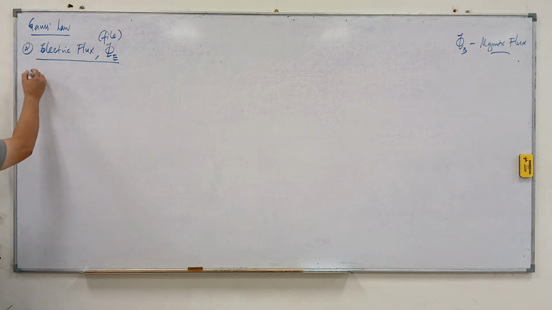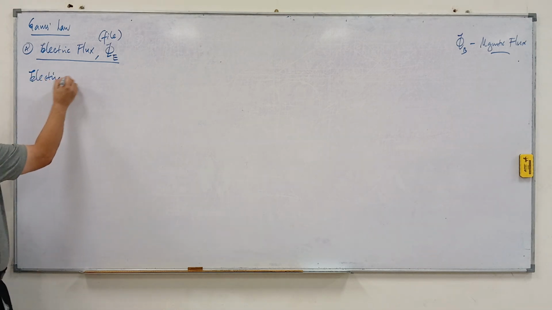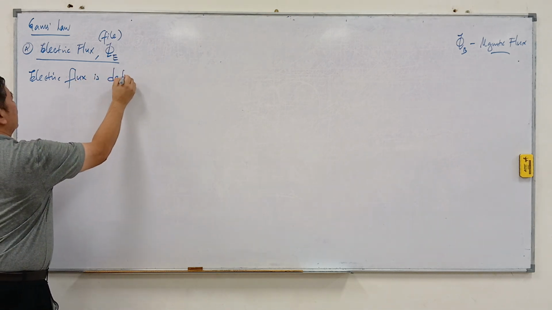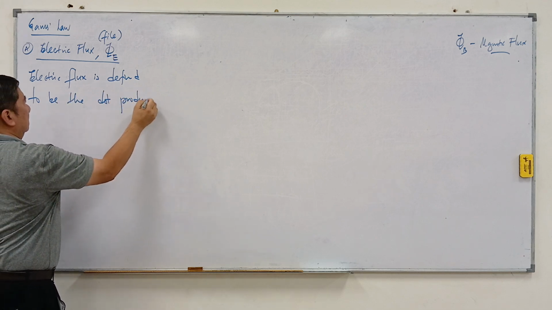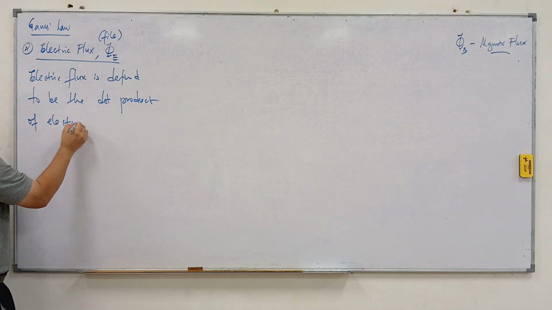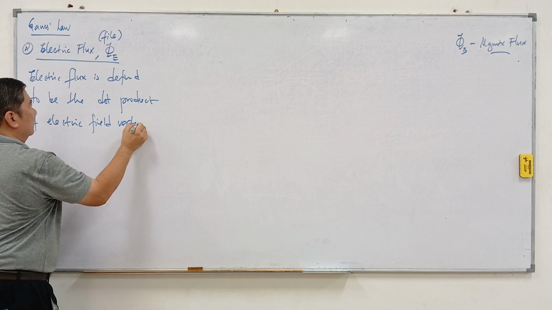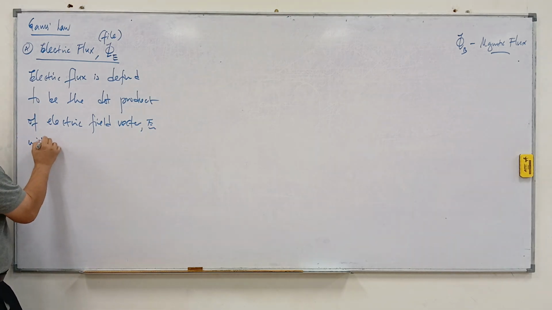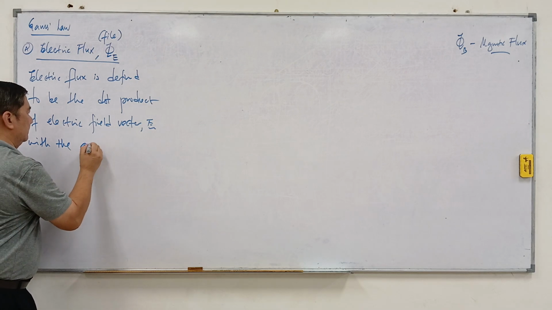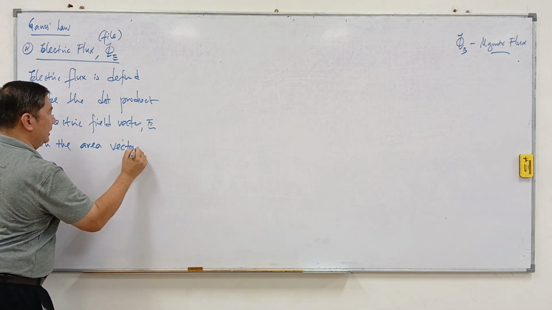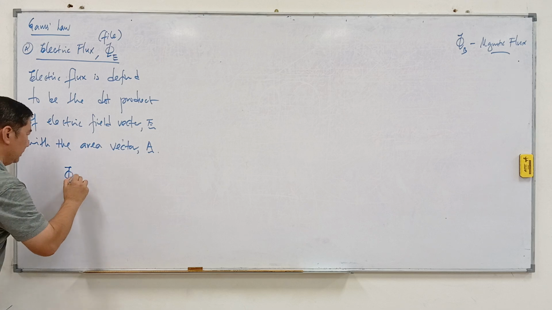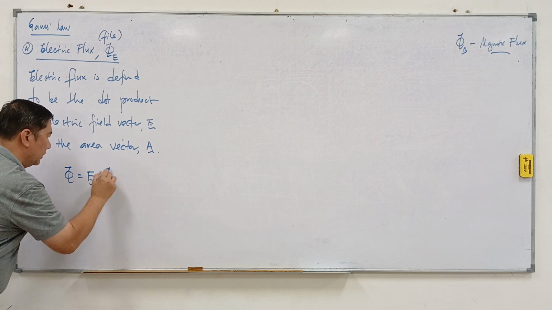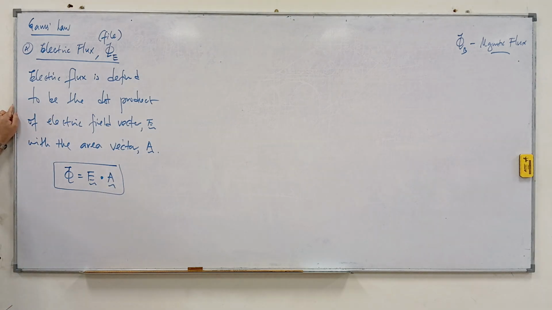We have to define the equation first. So electric flux is defined to be the dot product of the electric field vector E with the area vector A. So the formula is phi equals E dot A. Since the dot product is a scalar product, phi is actually a scalar quantity.